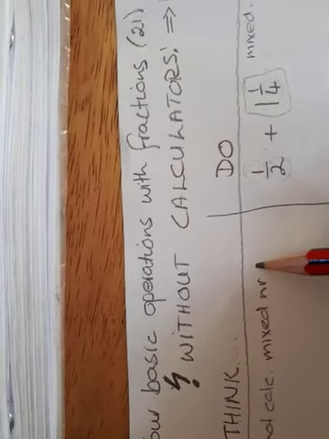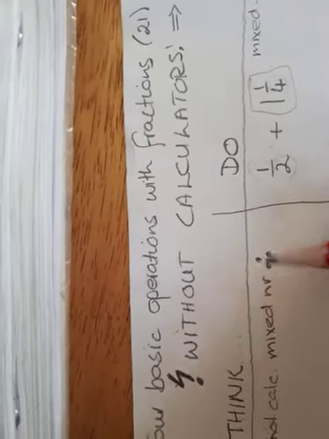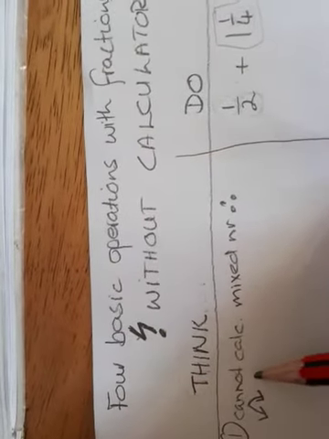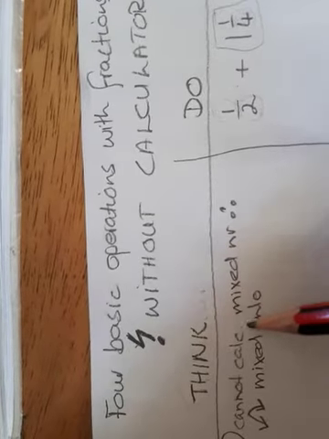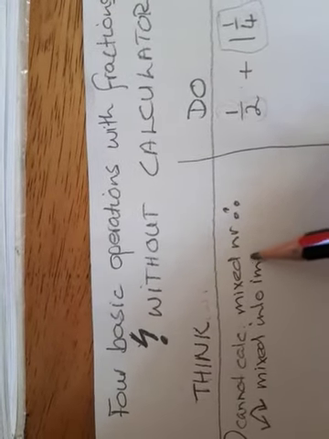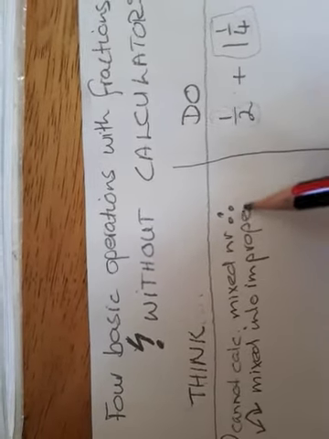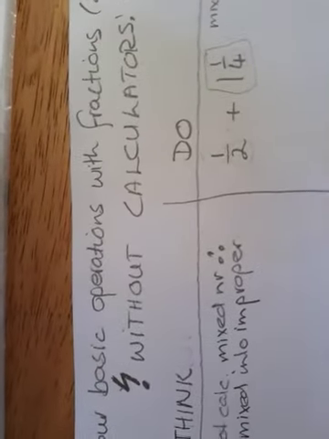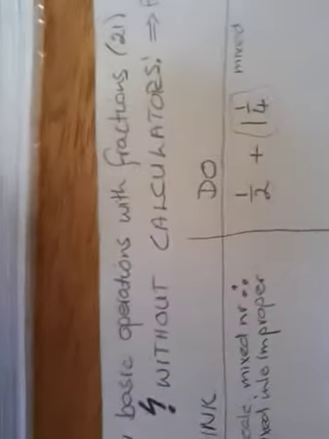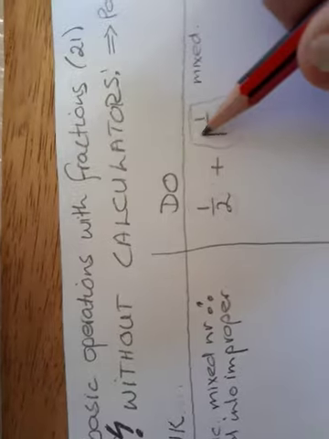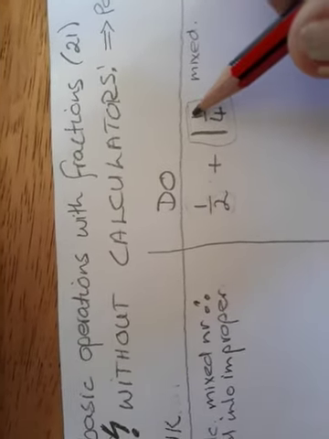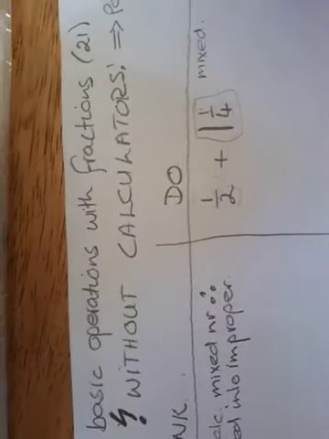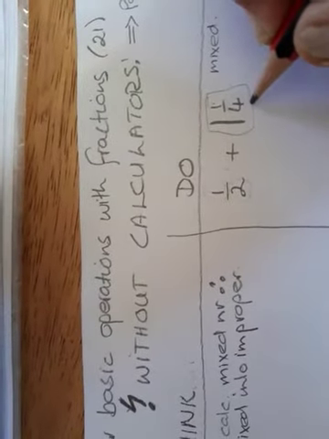Therefore, you have to change the mixed number into an improper fraction. I hope you remember how to do that. You multiply the whole with the denominator and then you add the numerator. So in your textbooks, it says you must go clockwise.